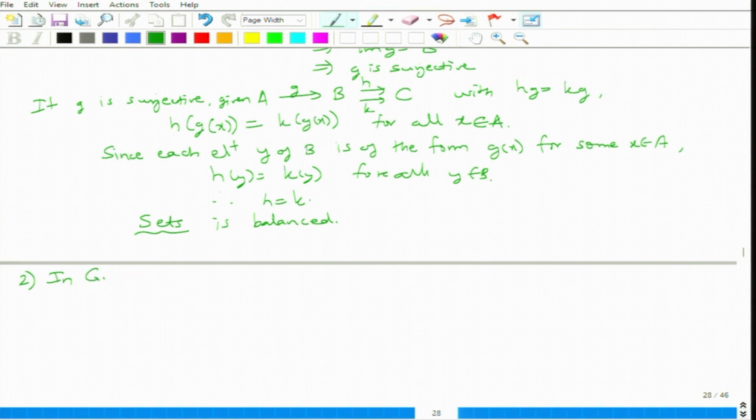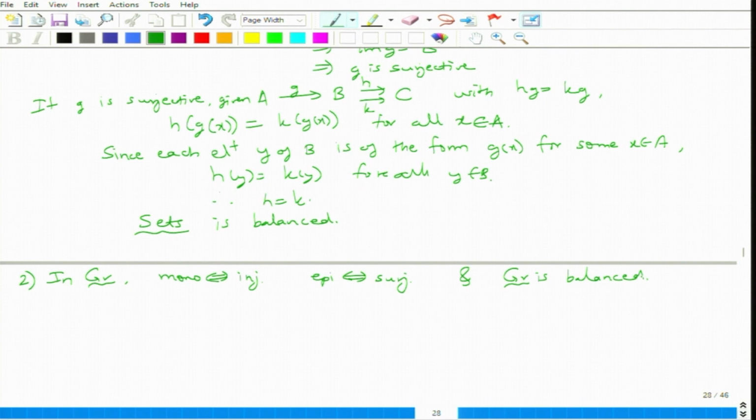In GR, mono if and only if injective, and epi if and only if surjective, both hold, and GR is balanced.